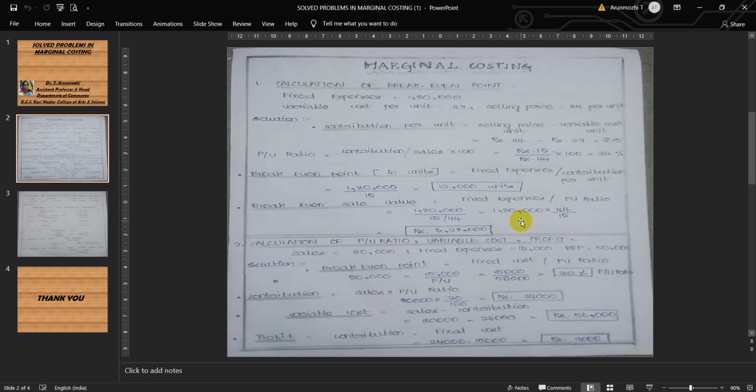One small point: whenever the PV ratio is not obtained as a round figure, using the resultant percentage can cause difference due to fractions. So for the above illustration, BEP is equal to fixed cost divided by profit volume, equal to 1,80,000 divided by 34 percentage, is equal to 5,29,412.